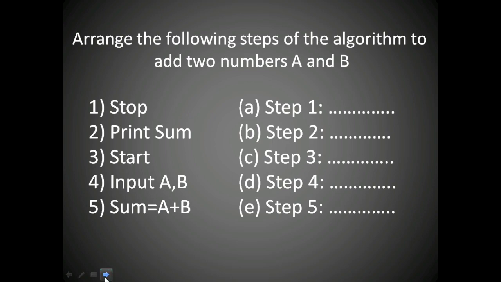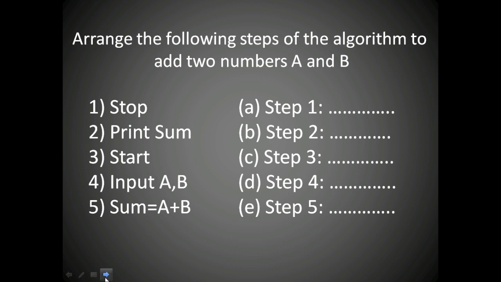Arrange the following steps of algorithm to add two numbers a and b. Here 5 points are given, numbered 1, 2, 3, 4, 5, and beside that there are steps a, b, c, d, e. You have to arrange these in a proper way so that it gives the proper sense of an algorithm.